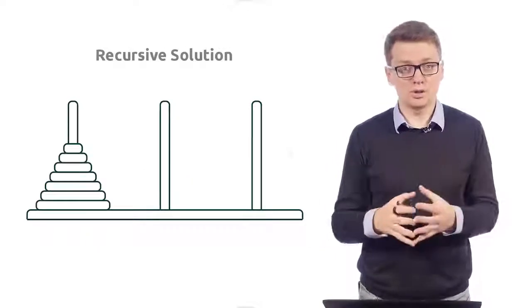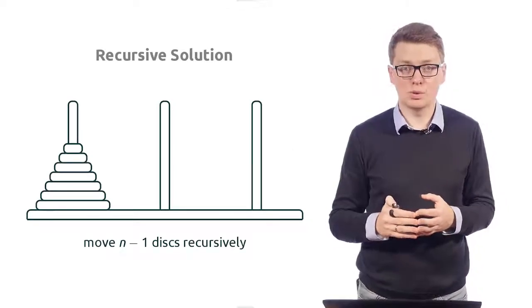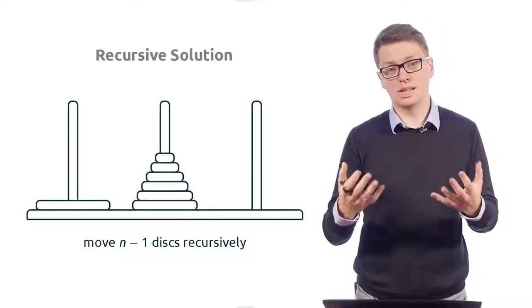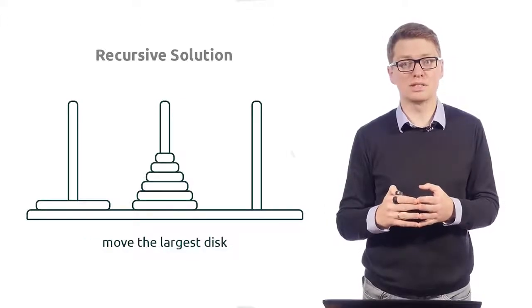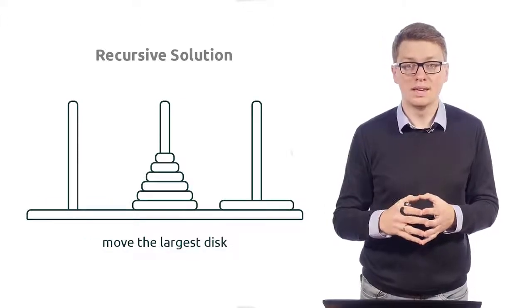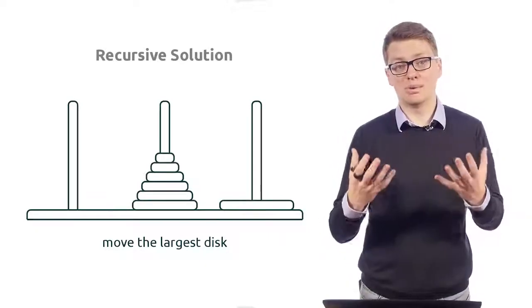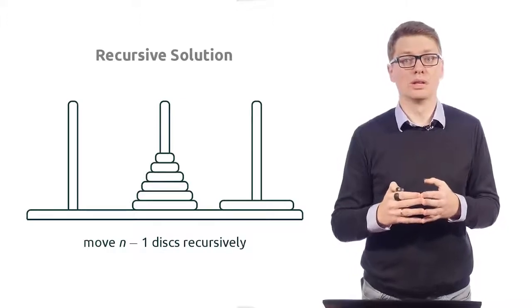So a recursive solution in this case is the following. We first move n minus 1 disks recursively to some other stick. Then we reach the following state. After this, we move the largest disk. Okay? And then finally we move once again the n minus 1 disks, again using a recursive call.